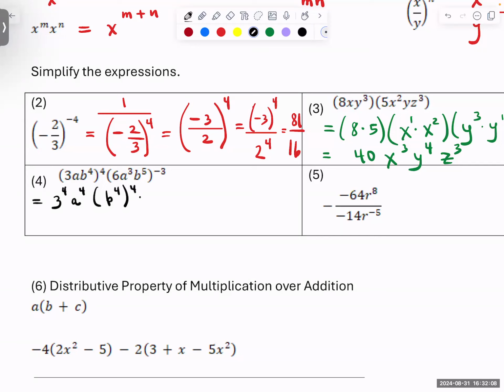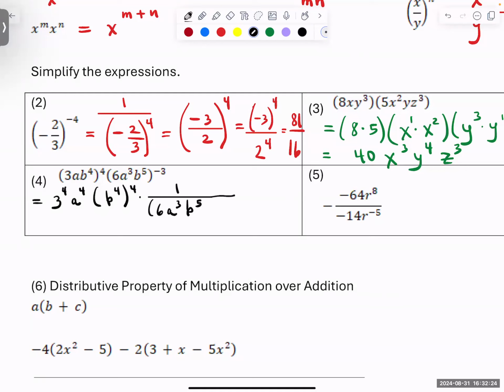Now, one way to get rid of the negative exponent is to rewrite it as a fraction, 1 divided by 6a cubed, b to the 5th.